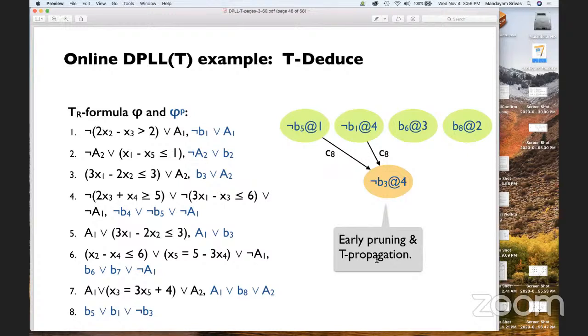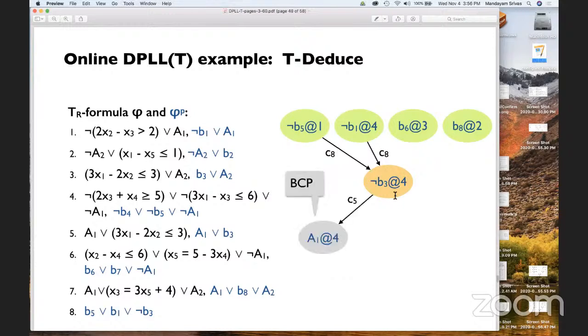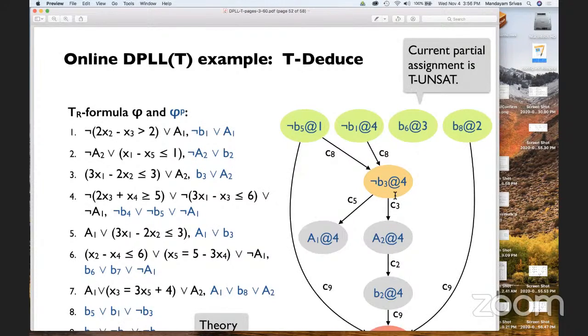Therefore your Simplex procedure will need the feature to give these implied atomic formulas. Okay, that is one. And after that, there is theory propagation, which is part of DPLL(T).